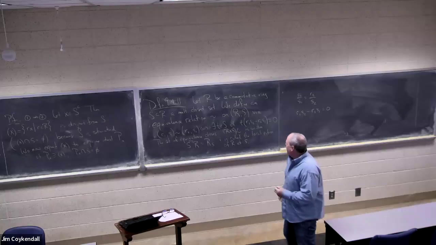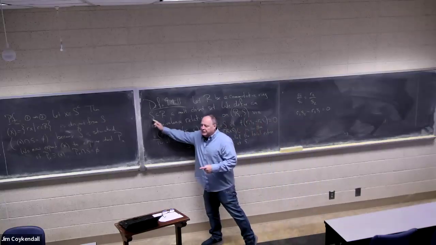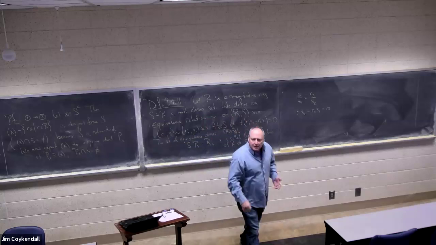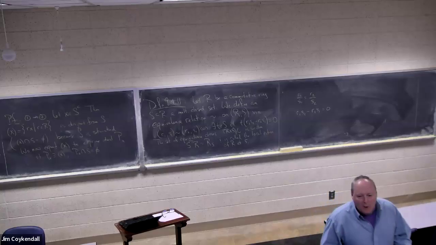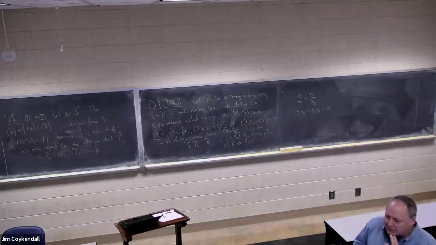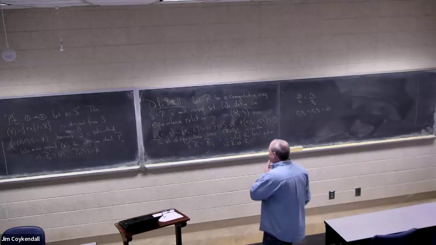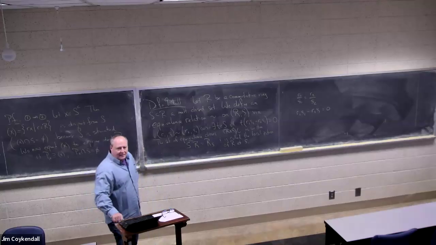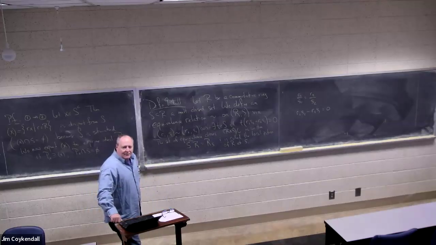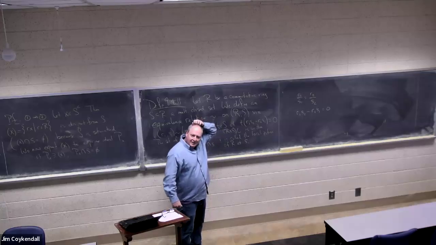Let me ask you a question. If your set S does have the 0 in it, suppose that your multiplicative set S contains 0, how many equivalence classes are there under this equivalence relation? Oh, one.